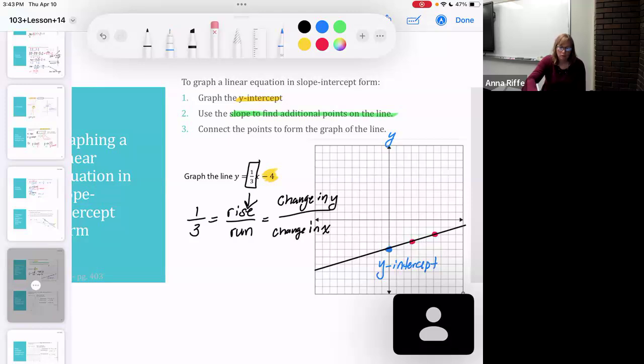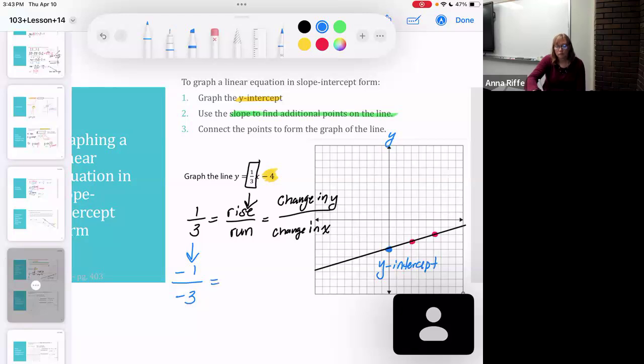Okay. One other thing I should probably note here. We have seen how if you take a negative divided by a negative, you get a positive. Here I was able to go up 1 to the right 3, no problems. But if you prefer to know a few points instead of to the right of that y-intercept, if you prefer to know a few points over here instead, we could do that, because we could note that 1/3 is the same as -1 over -3.